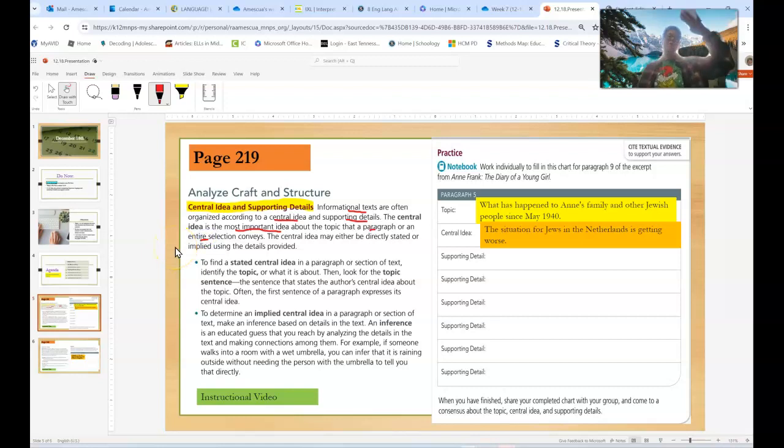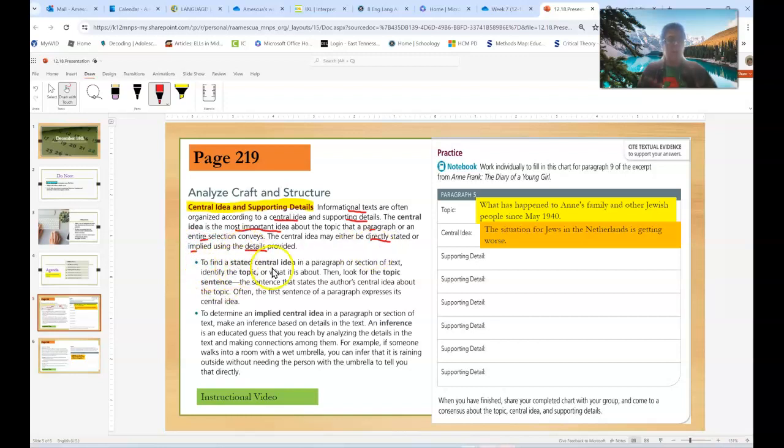So the whole diary has a central idea. Each paragraph has a central idea that connects to the whole. The central idea may be directly stated or implied using details provided.